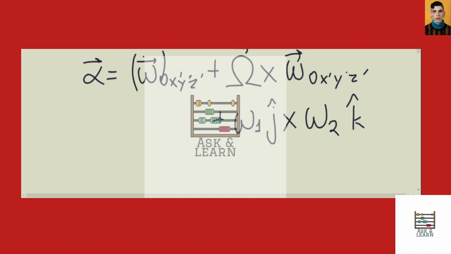I'm not going to use prime indices now because we work under the assumption that for this specific moment shown in the drawing, the fixed and the rotating frames coincide. Finally, an observer on this rotating frame won't see any rate of change for the angular velocity of the arm.